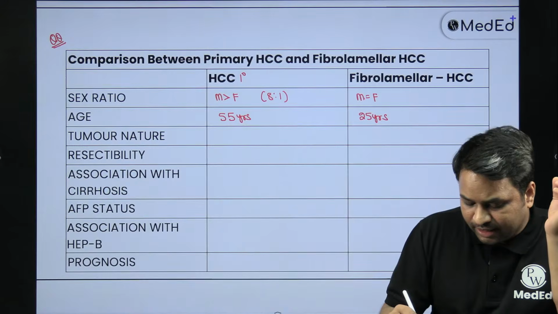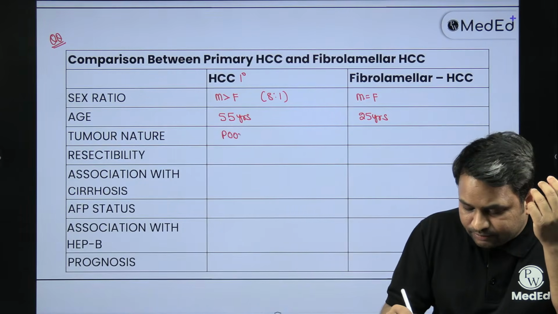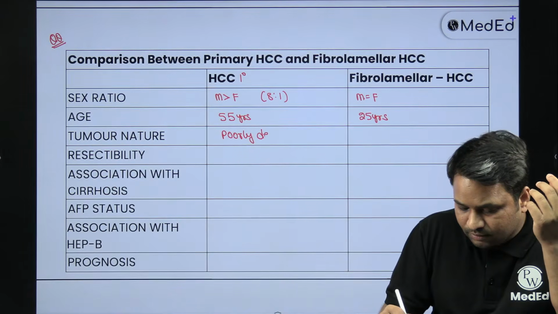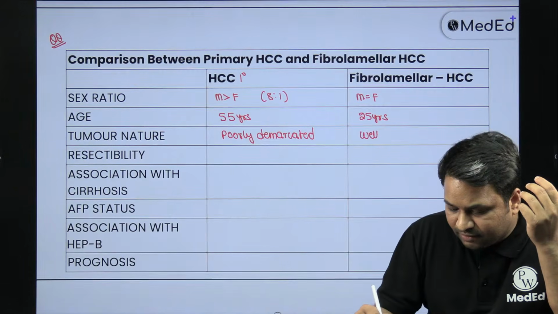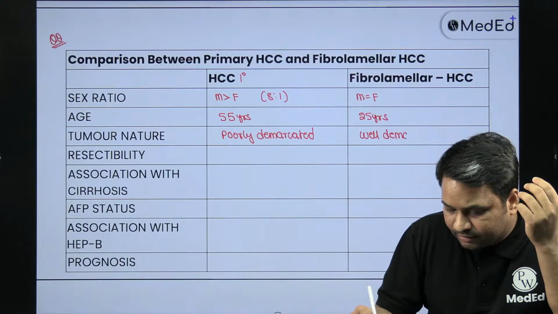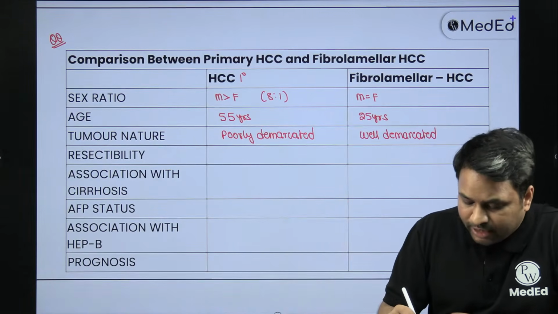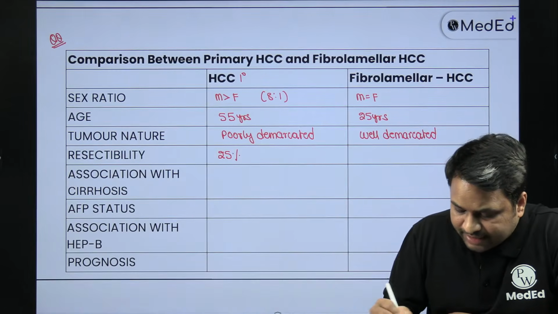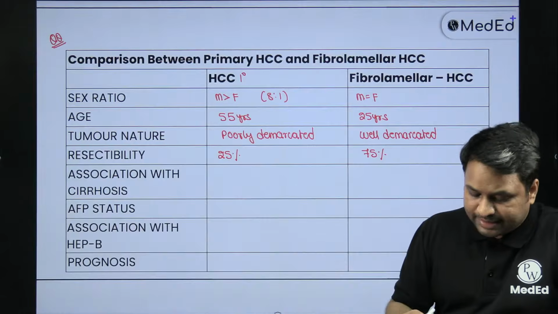The tumor nature of HCC is aggressive and poorly demarcated. Fibrolamellar variant is well demarcated. Only 25% of HCCs are resectable, whereas 75% of fibrolamellar variants are resectable.